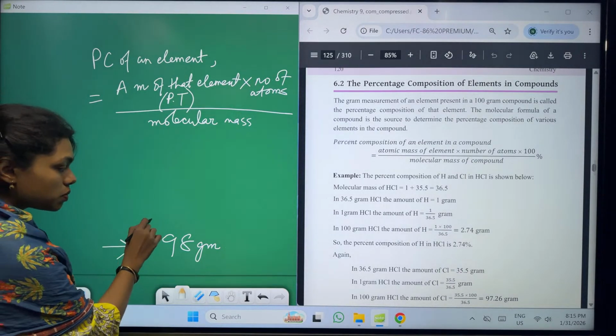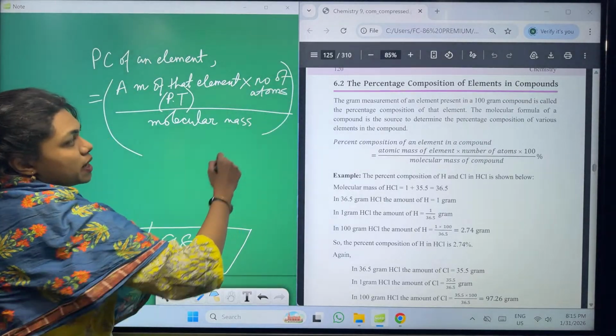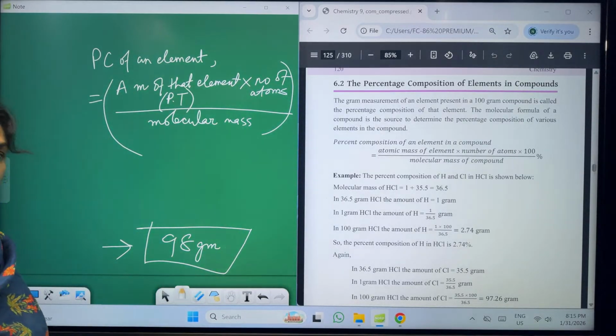For H2SO4, this was 98 grams, okay, and the whole thing must be multiplied with 100 for percentage, okay.